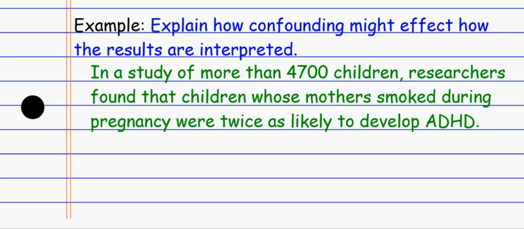And so when you think about confounding in this situation, well, how in the world do we know it's the mother smoking during pregnancy that causes the ADHD? Okay. We haven't looked at any other data. Okay. And there's all kinds of things that might have caused this. Like there could be genetic factors that we ignored because we were only looking at smoking during pregnancy. Okay.